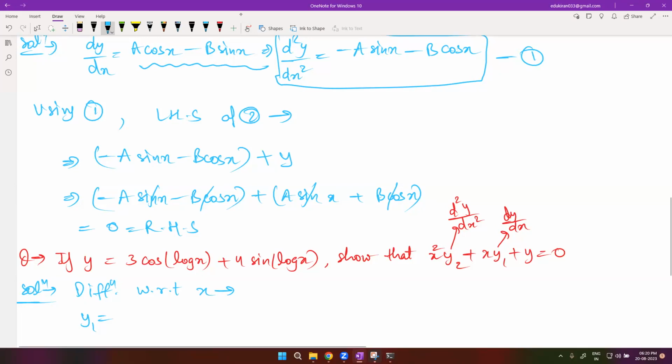Solve this, find out the values of y1 and y2, and then tell me first of all the values of y1 and y2.